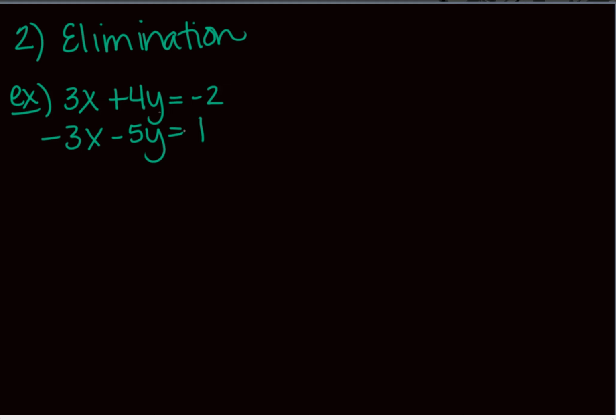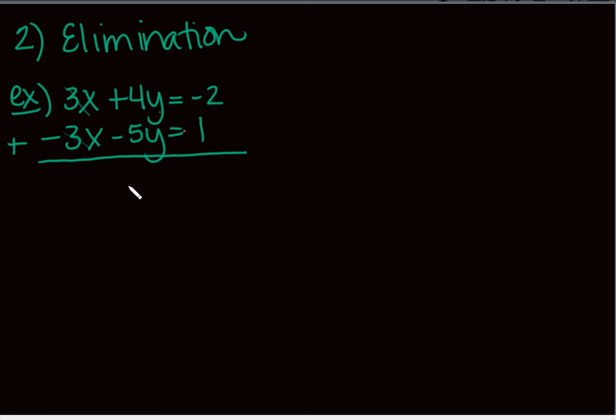With elimination, we basically add or subtract the equations together. I'm literally going to add these equations together, and the goal is to eliminate one of the variables. If I add straight down, combining like terms, 3x and negative 3x go away. If one of your variables is the opposite of the other, that's a really good indication that elimination will work well.